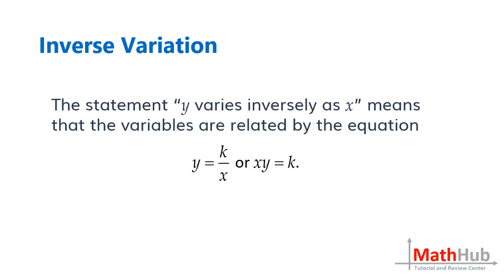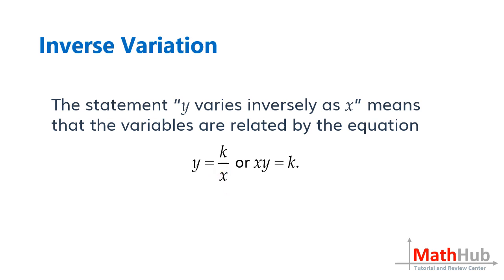For the next variation, we have inverse variation. The statement y varies inversely as x means that y is equal to k over x. So whenever you see the word inversely, that means that the second variable appears in the denominator and k appears in the numerator.